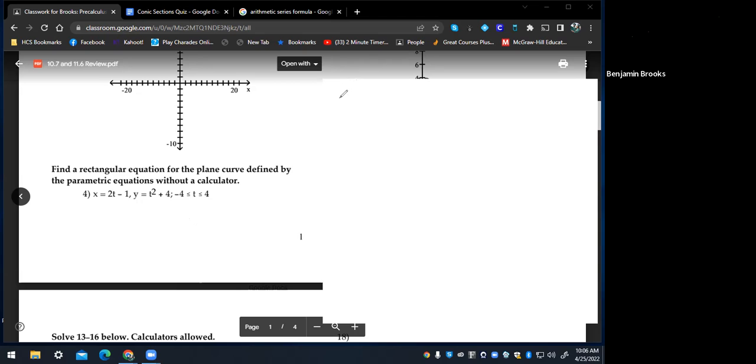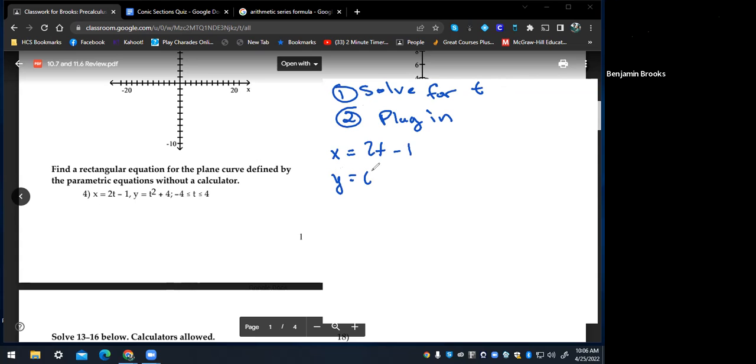Here are the steps. First, solve for t in one equation. Second, plug in. That's it. So let's take a look at this. We've got x is equal to 2t minus 1, and then we've got y is equal to t squared plus 4.